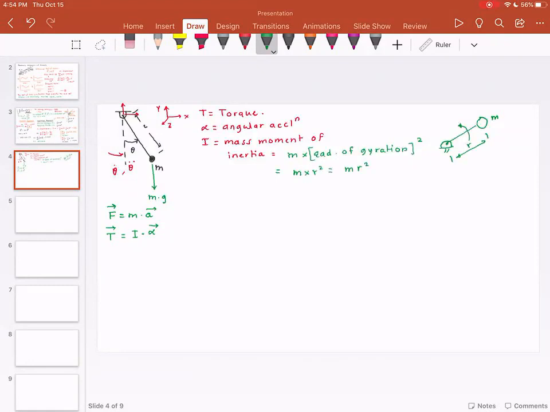So now Newton's law in torsional coordinates is expressed as T is equal to I alpha.